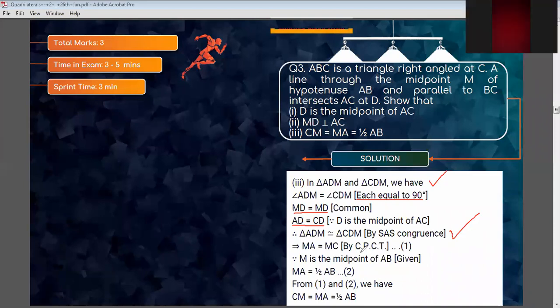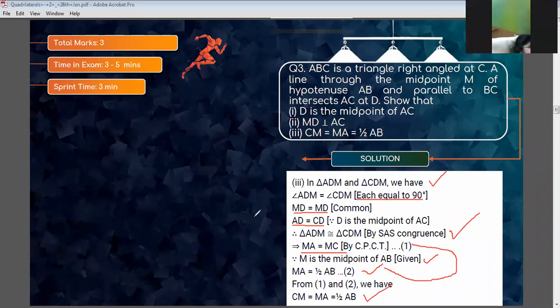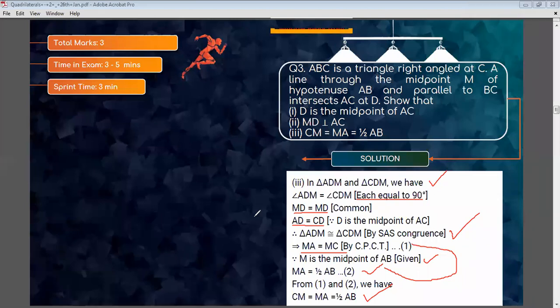And by corresponding parts of congruent triangles, that means CPCT, we have AM equals CM. Then since M is the midpoint of AB, AM equals half AB. And from both these equations, we can say that CM equals AM equals half AB. Okay? So this was the third proof.